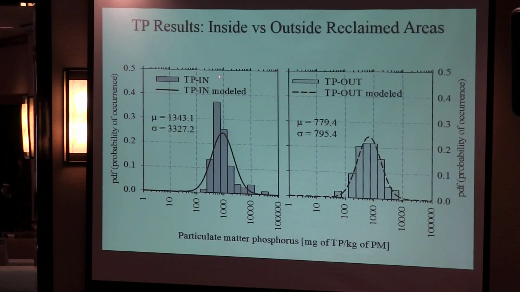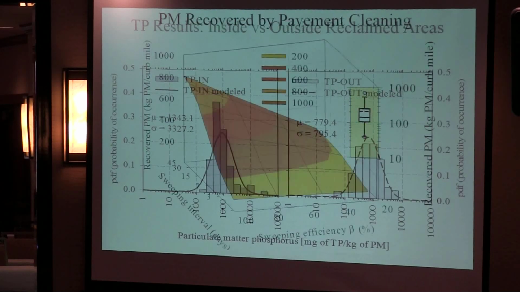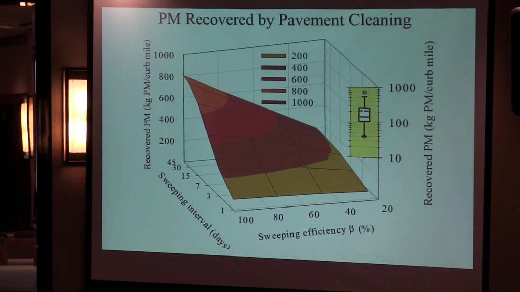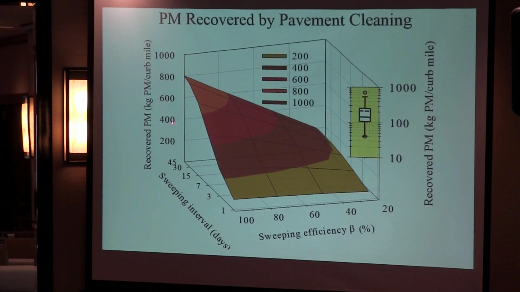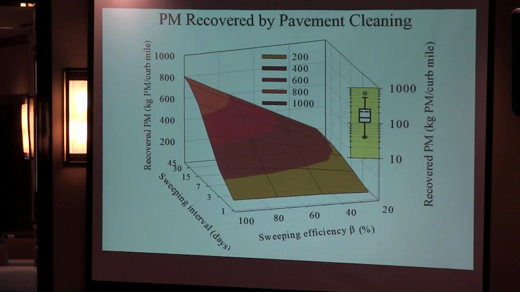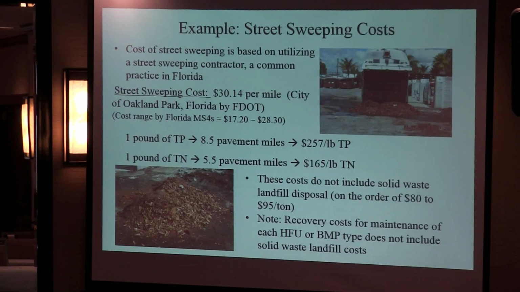We also look at inside and outside of wastewater reclaimed areas, because wastewater is now enriching the urban surface. And the primary method to do this is through street sweeping practices that are a function of sweeping interval, sweeping efficiency, and you can see that, in fact, we can recover a significant amount of particulate matter from these practices.